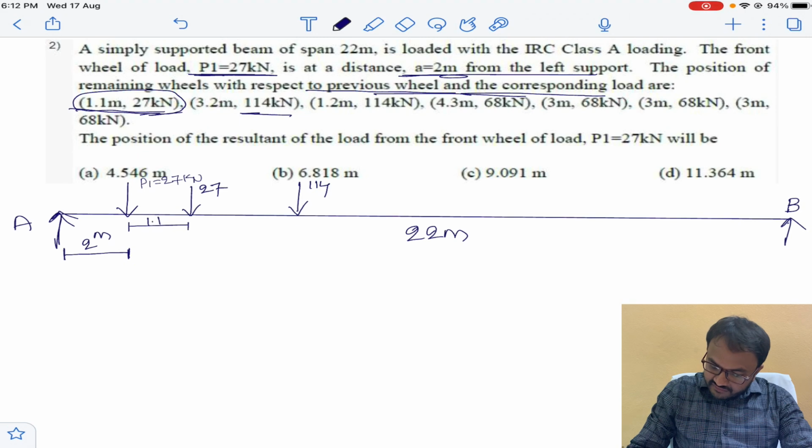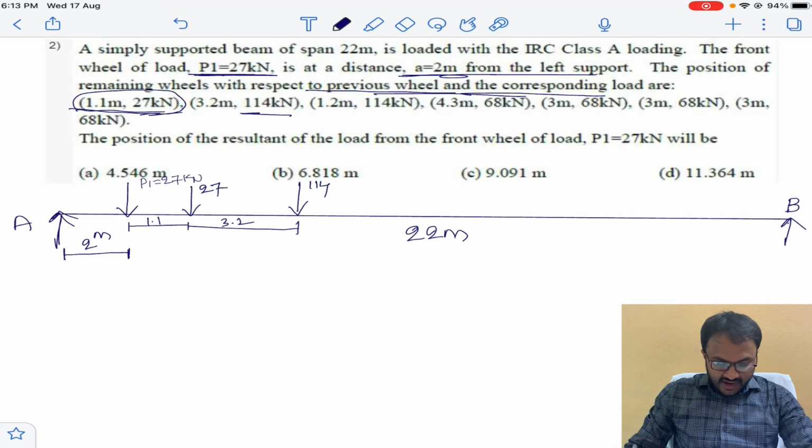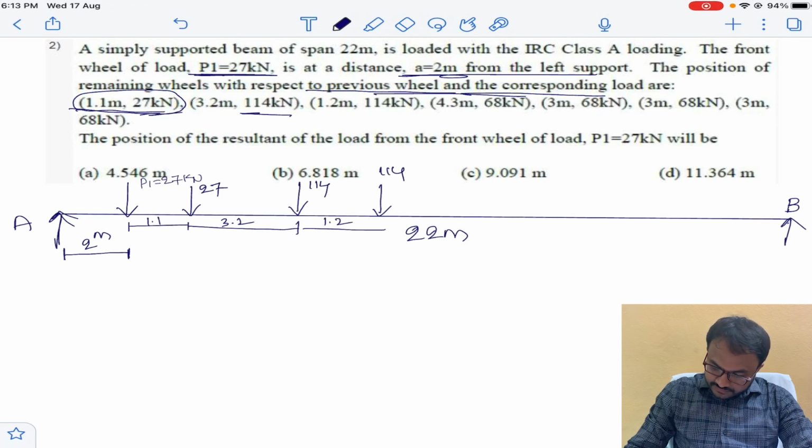This is 114 and the distance from the last load to the present load is 3.2, and again 114 kilonewton. The distance from the last load to the present load is 1.2. After that 68 kilonewton and the distance is 4.3. After that one more 68, the distance is 3. One more 68, the distance is 3. So this is 68, 68, 68 and one more 68 kilonewton, the distance is 3.